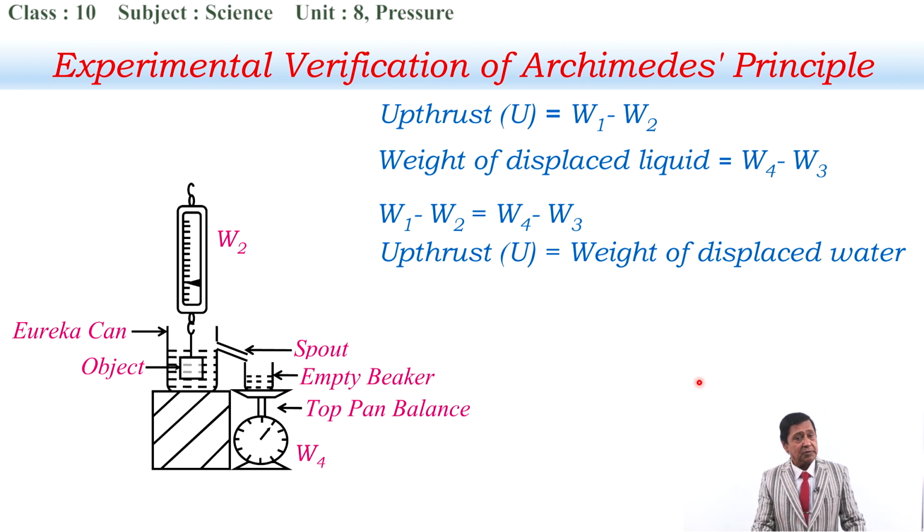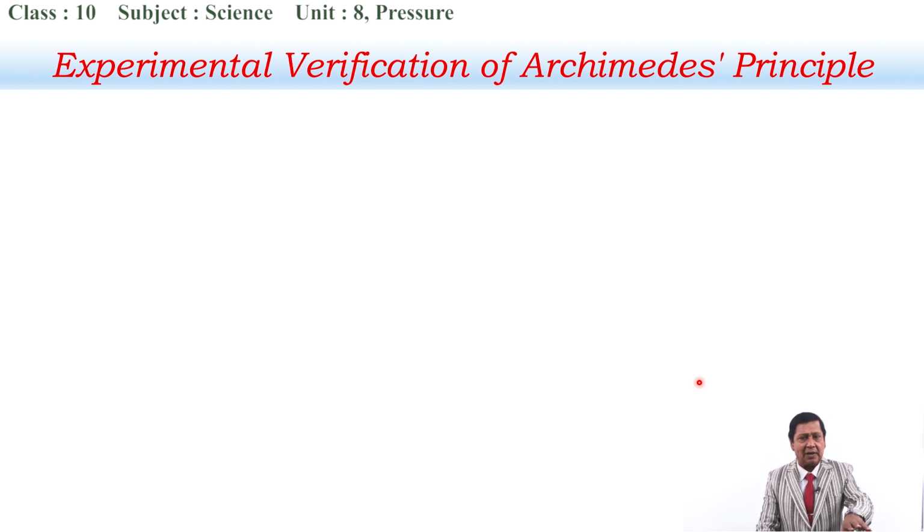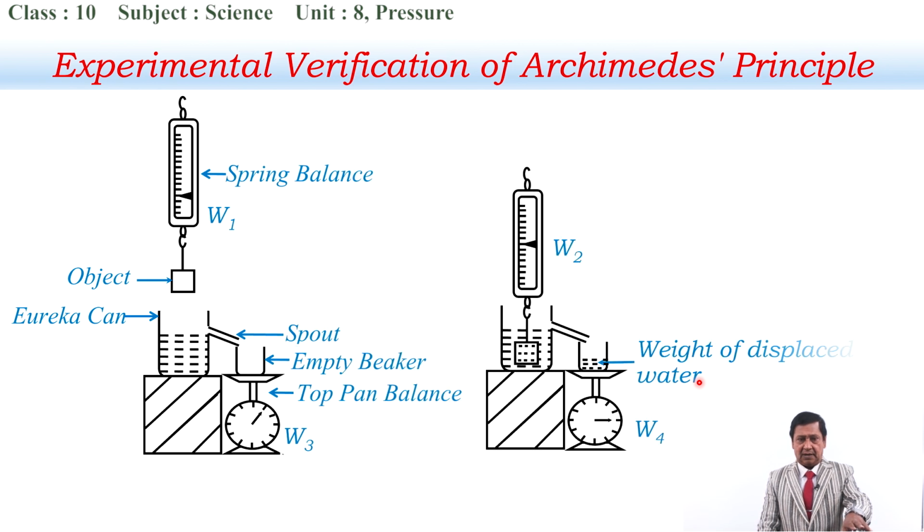But if you have to write this somewhere, you cannot show this animated picture, isn't it? An animated diagram cannot be shown. That's why, while writing, we have to draw a diagram like this first. In one diagram, the weight of the body in air is taken, and its weight should be W1, with the empty beaker W3.